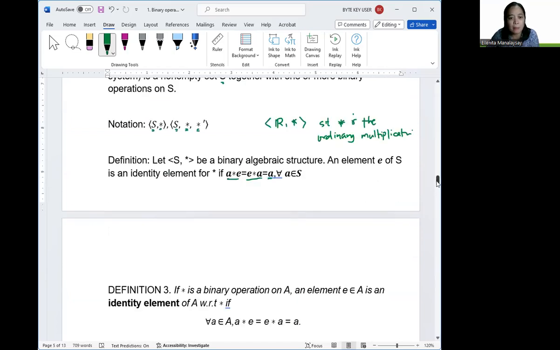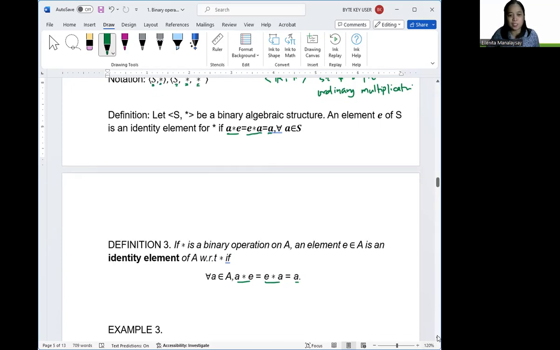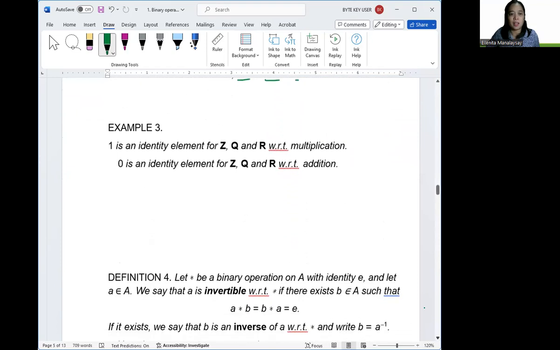If star is a binary operation on A, an element E in A is the identity element of A with respect to star if, for all A in A, A star E is equal to E star A, which is equal to A. Okay, this is an alternative definition. Okay, let's consider these examples.